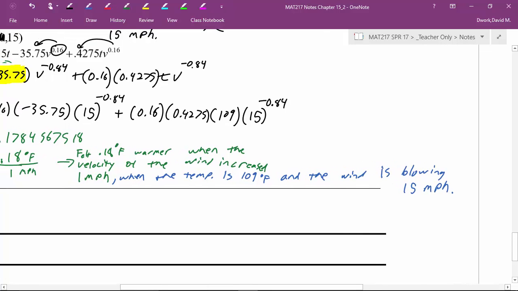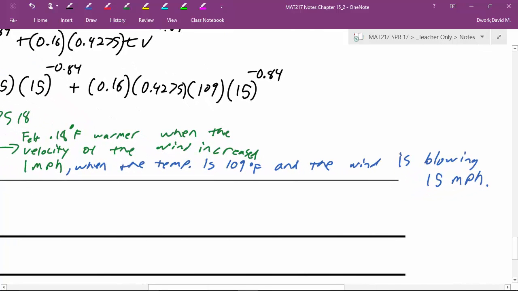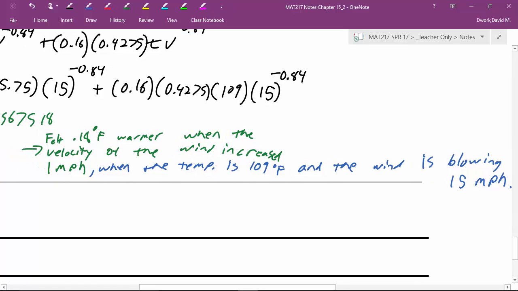Okay, so does that make sense? As the wind blows harder, it gets warmer. Well, think about a convection oven. The idea here is as the wind is blowing, it actually feels warmer when it's 109 degrees out.